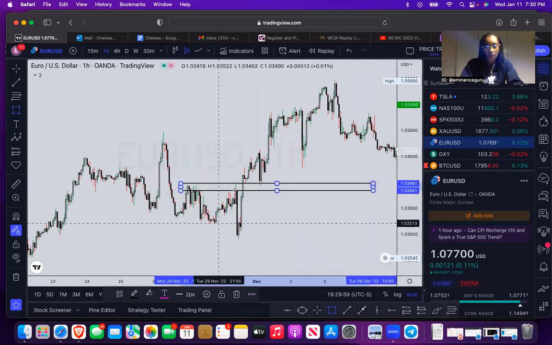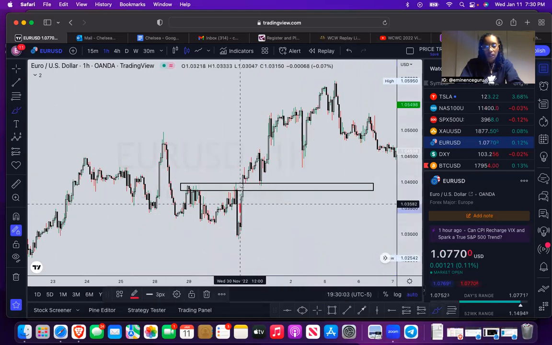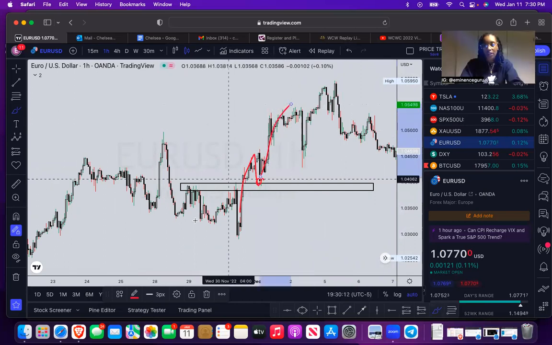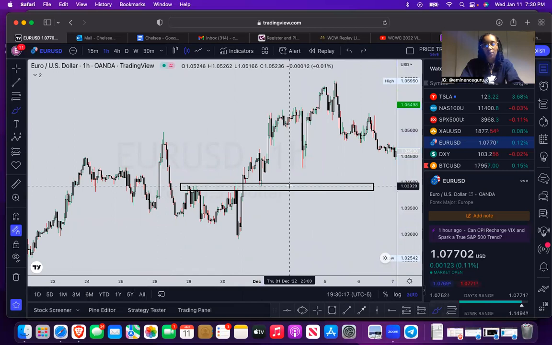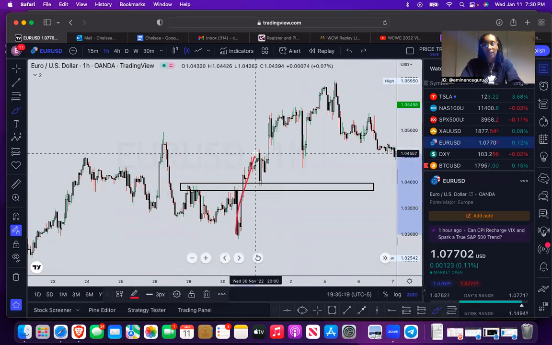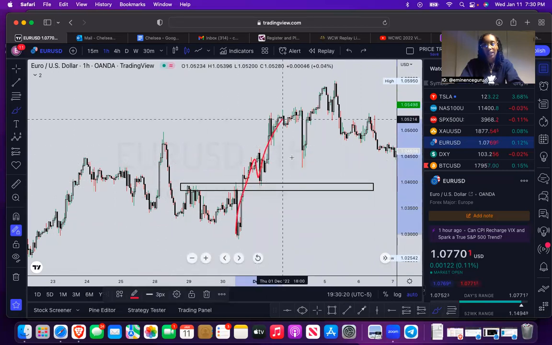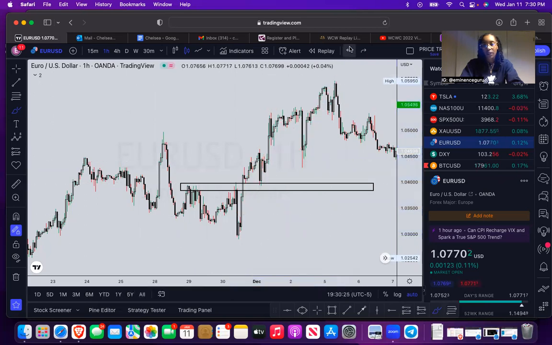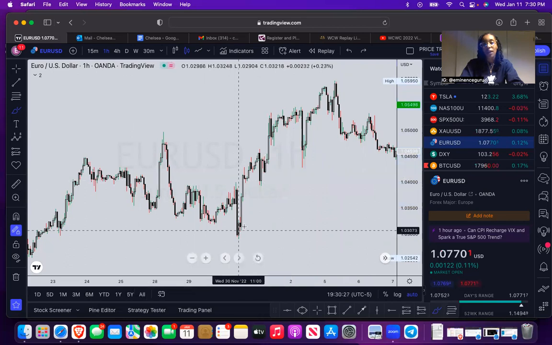Then look, here's the impulse out. It gave a retest and then continuation higher. That's still the behaviors of the market. And this is still higher highs, higher lows, higher highs, higher lows, higher highs. See that? That's trending right there. You're following the trend. That's why you hopped in for the buy.